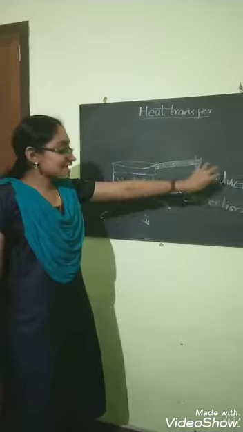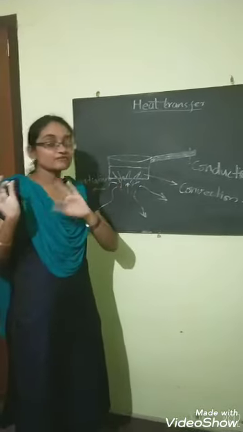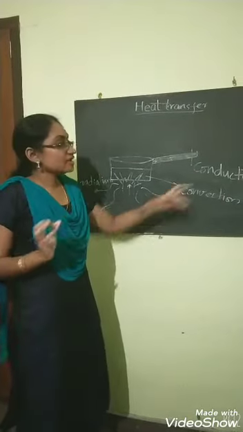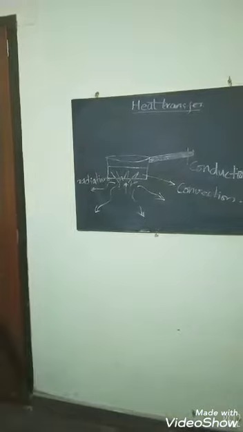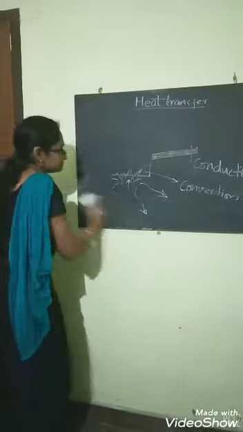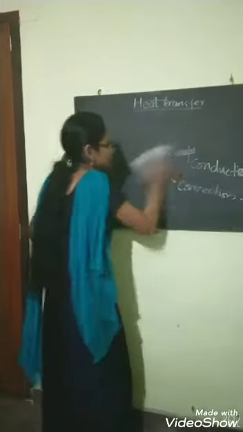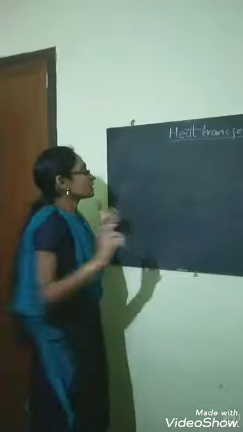Now conduction, convection and radiation take place in different types of substances. Conduction we already explained, and I think you already learned everything about conduction. Now we are considering how this difference takes place in each type of transfer.